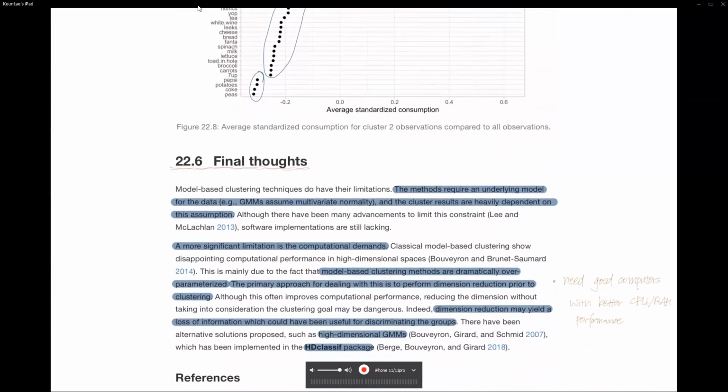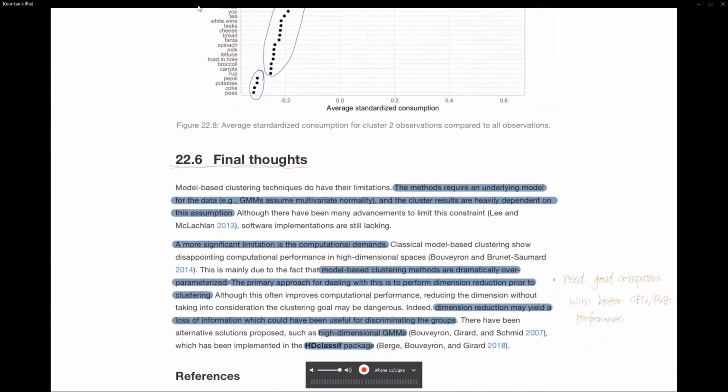But the thing is, compared to k-means and hierarchical clustering, model-based clustering allows us to optimize our outcome much better, and it also gives us more statistical outcomes that support our insight or our rationale for the classification outcomes.